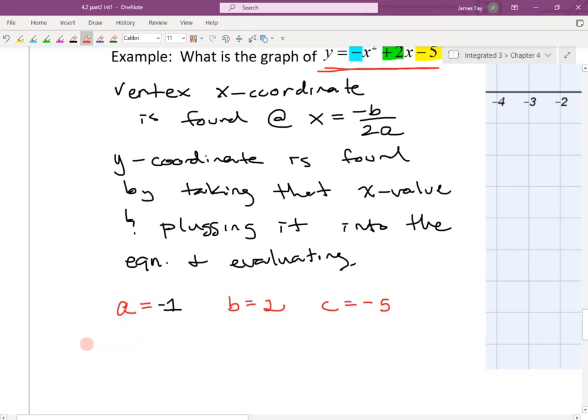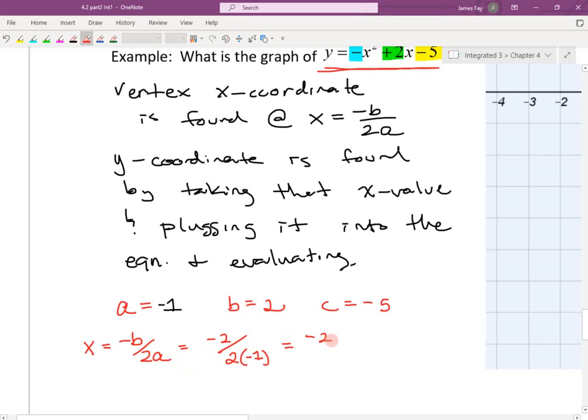So if I want to find the x coordinate of this parabola, it is found at the opposite of b over 2a. Well, what is the opposite of b in this case? -2. -2 over 2 times a. What is a? -1. So then all we have to do is evaluate that.